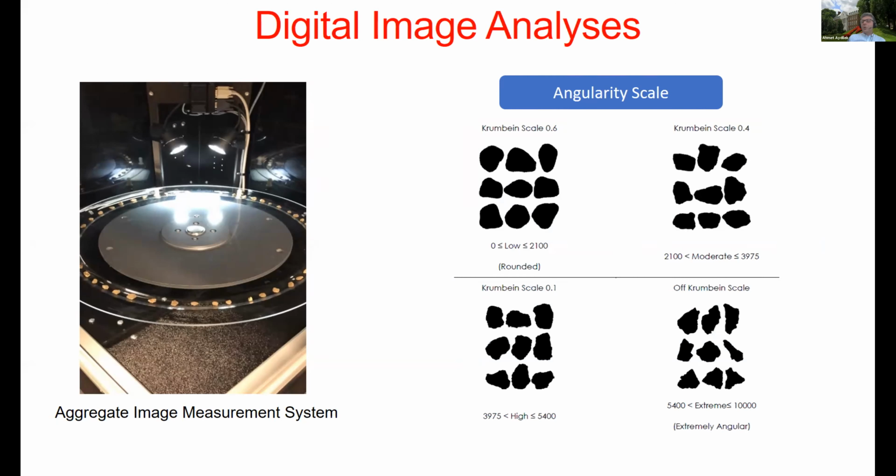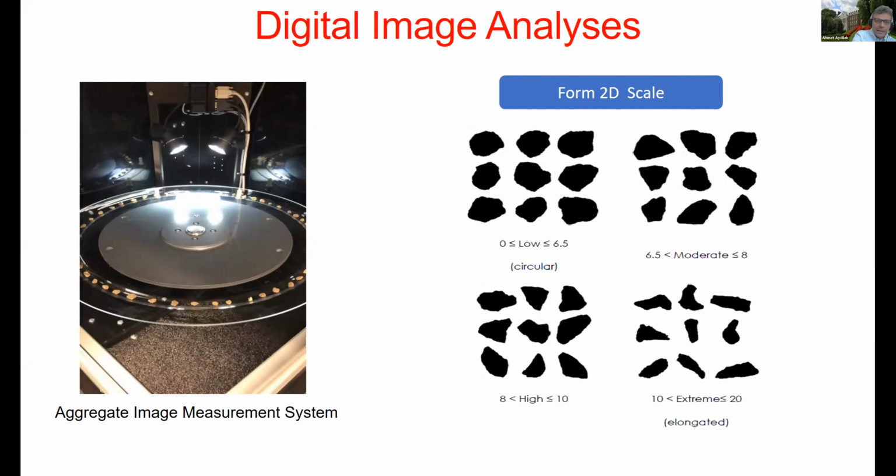The comparison of the image-based values for, let's say, angularity going all the way up to 2000, which indicates rounded particles corresponding to a Krumbein scale of 0.6, is given in the first image, and so on and so forth. So those types of scales can again be used. Same thing for the elongation. You can use these types of charts.